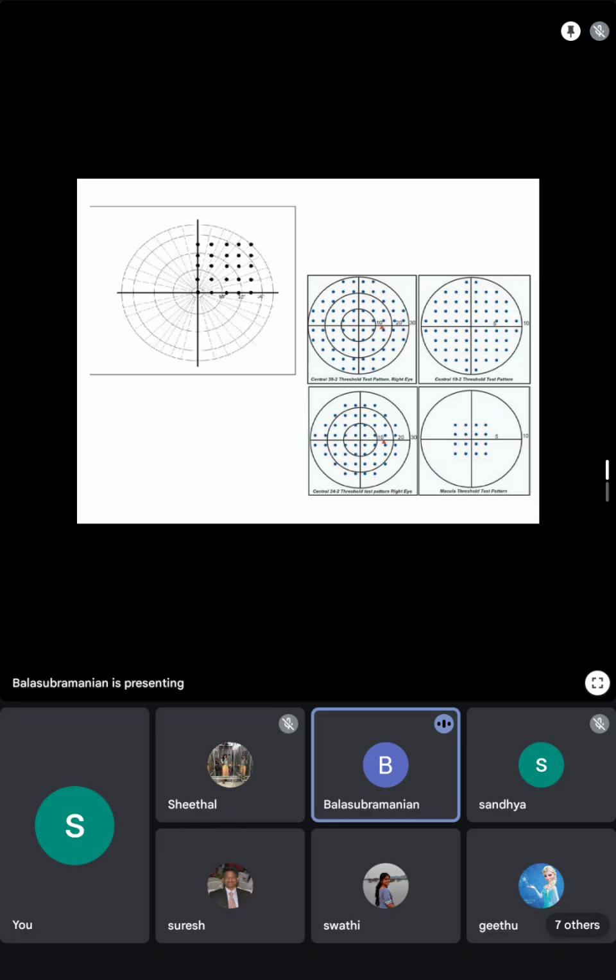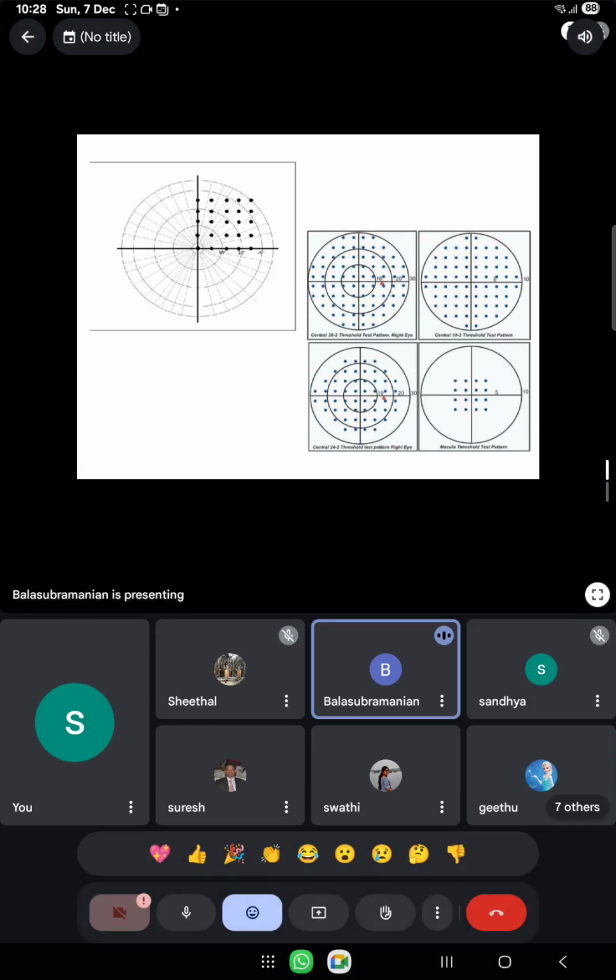In 30-1, there's one point in the center, the next is 6 degrees on either side on four diagonals. Whereas in -2 patterns, the difference is 6 degrees, but compared to the line or the fovea, it is only 3 degrees far. You get more details about the fovea on this -2. That is why that is the preferred mode and why most of the charts will carry this -2.